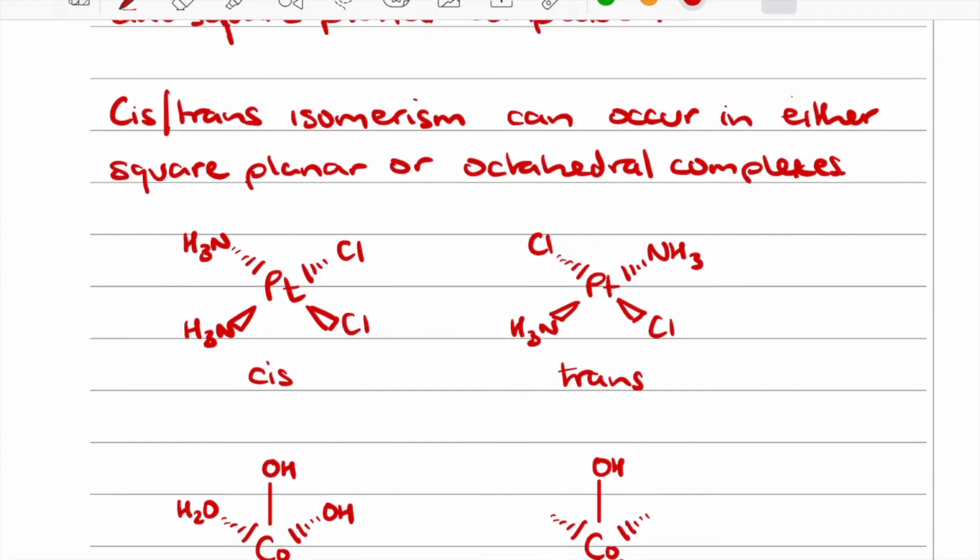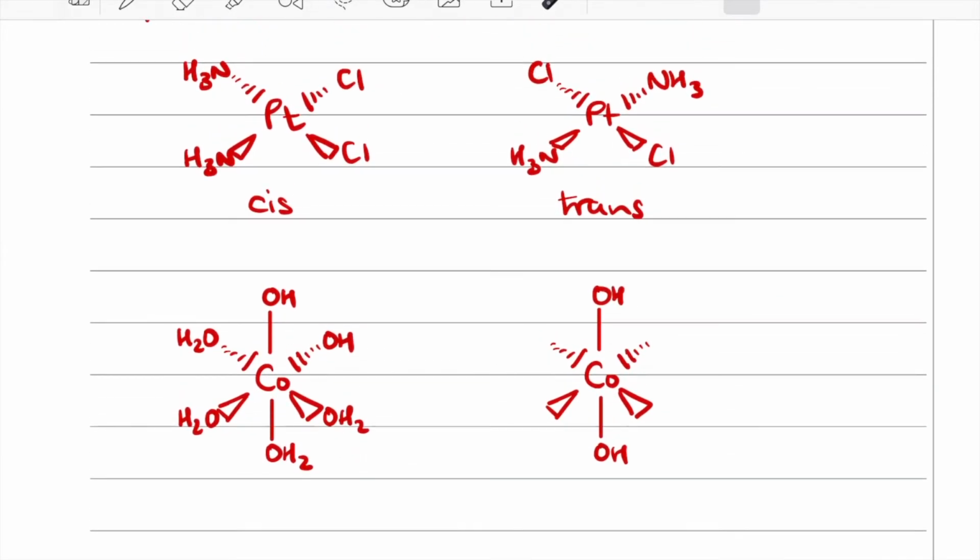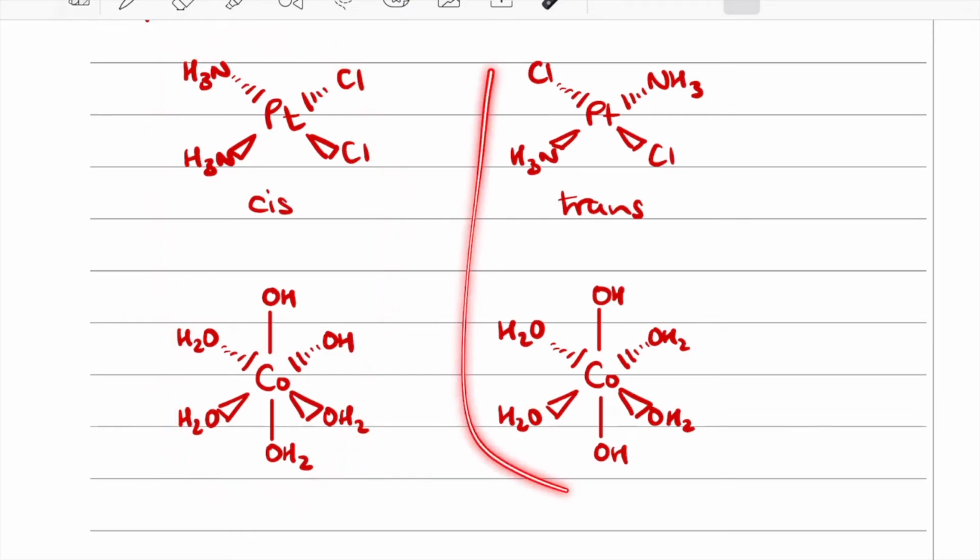It's cobalt 2+. So we've got no overall charge again. And then I'll just finish the ligands on the one on the right. So we've got cis shapes and we have got trans shapes. So we've dealt with the cis-trans isomerism.